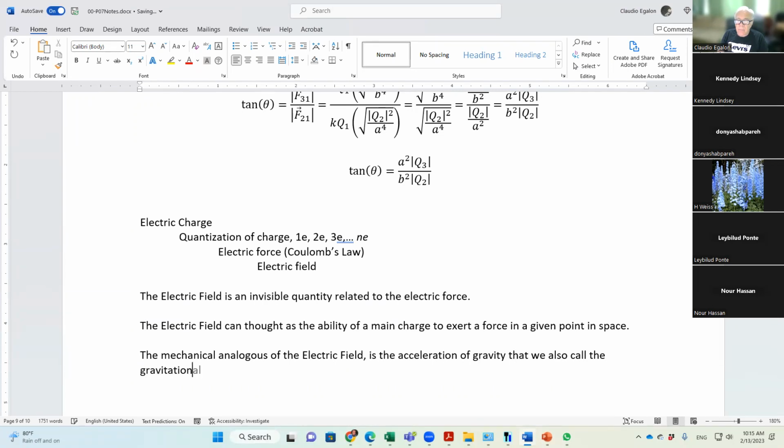So that little g vector that we draw in physics, in mechanics, in physics 7, in physics 6, is a gravitational field.